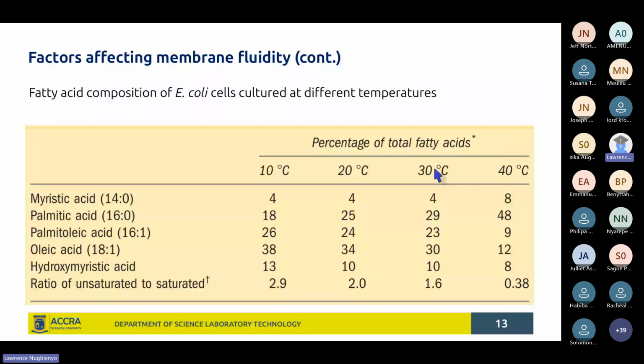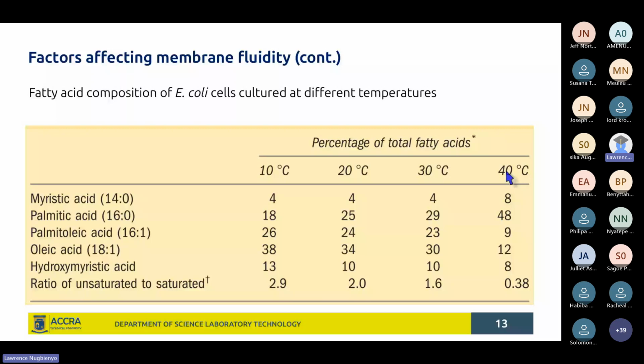And then the fatty acid component or the lipid component of the membranes of these bacteria were then compared to see the differences of these bacteria.